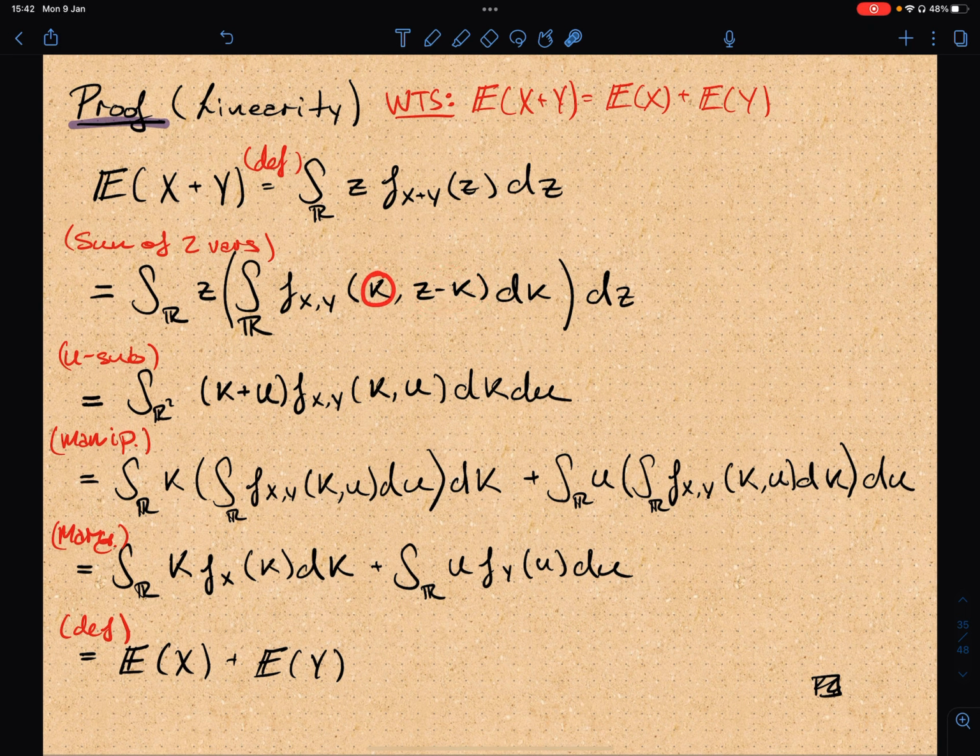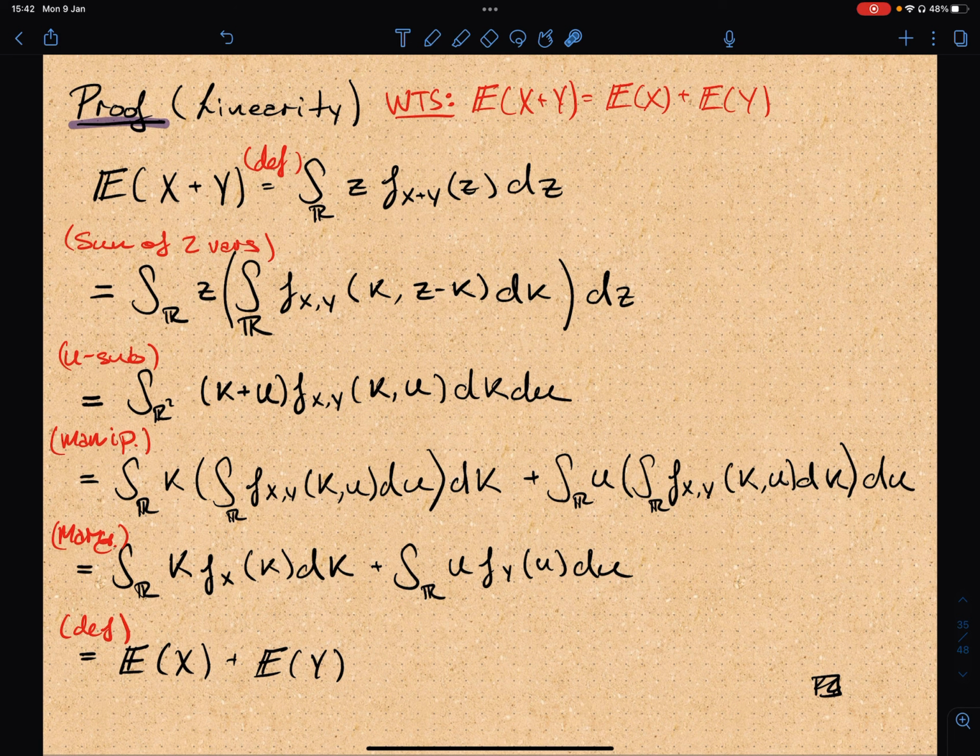So x plus y equals z gives this graph that we saw earlier, and I'm taking a sum over it, where k is the variable parameterizing this line for all the pairs x and y that add up to z.